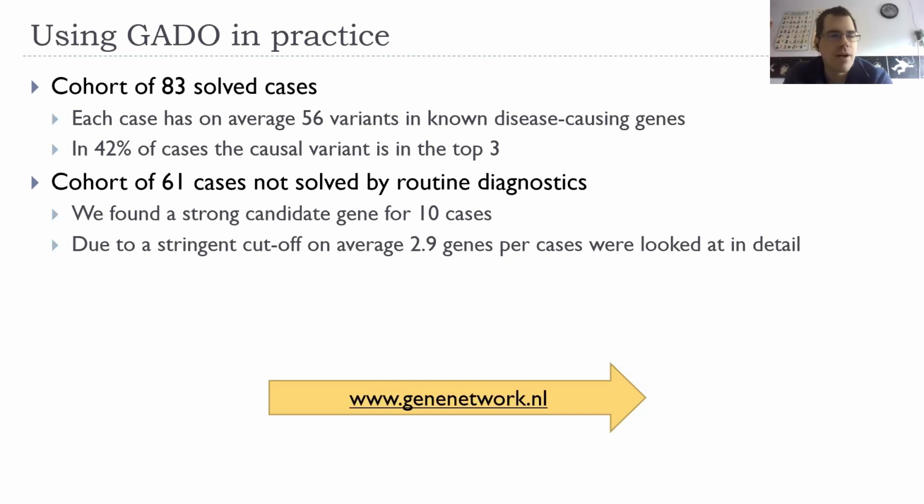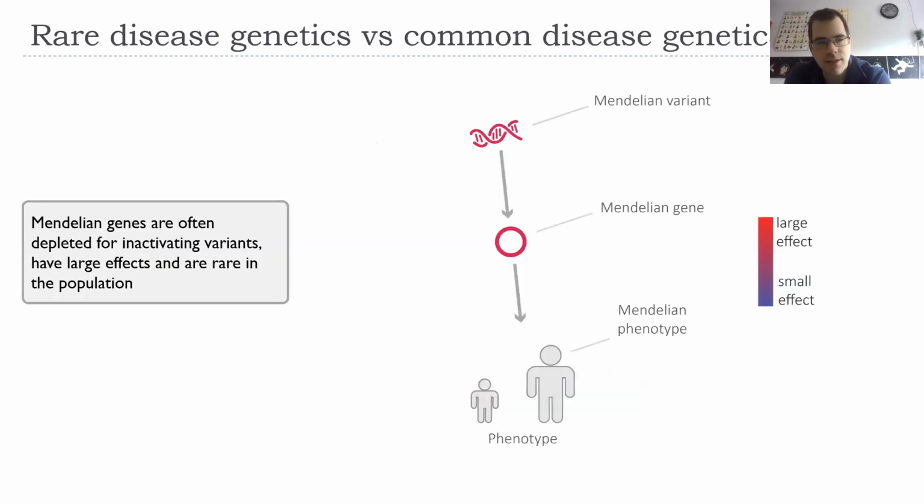But up to now, I've been talking about rare diseases. And one of the topics of this talk, and something that we're active with now, is how can we link this to the common diseases? With these rare Mendelian disorders, it's typically one variant within a single gene, at least within a patient, and then you get a specific phenotype.